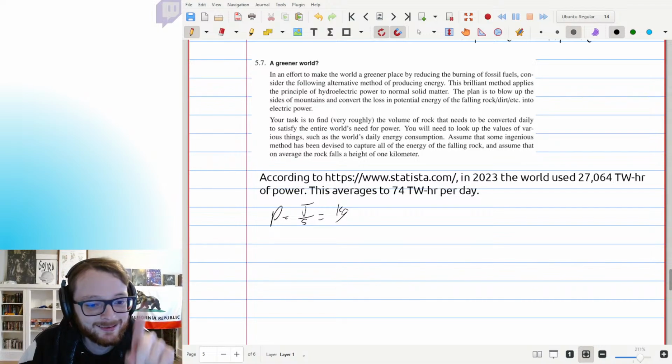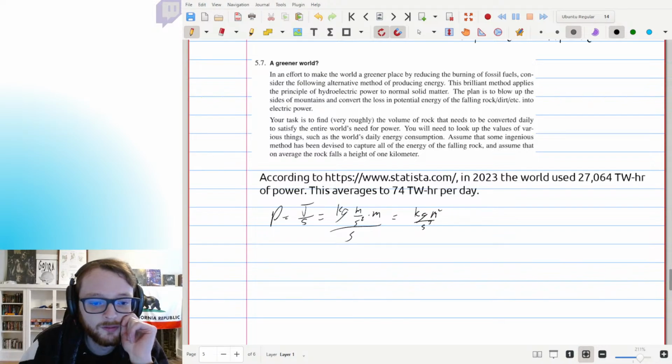Mass times meter per second squared times meter. Kg m squared over s cubed? Sorry, I should say a watt is a joule per second, right?